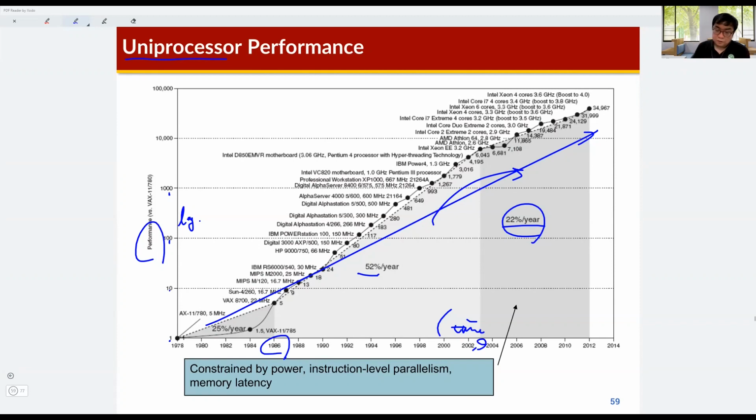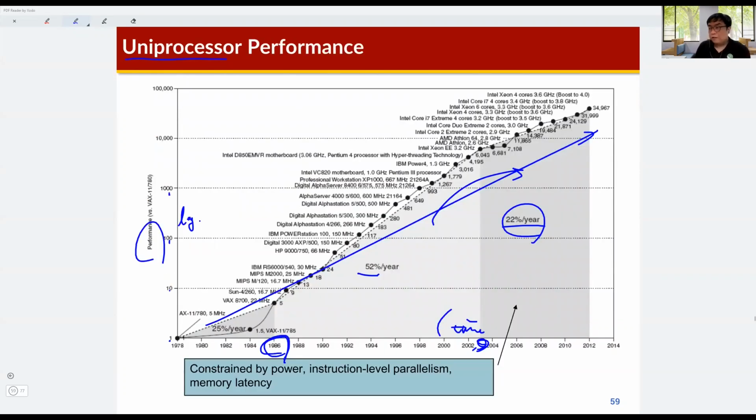Okay. So from 1980 to early 2000, you could easily increase the performance of a single core or single CPU. But after that, it's not easy because of power consumption. Also, the complex architecture of the single core CPU.